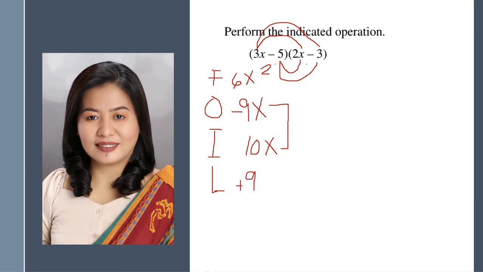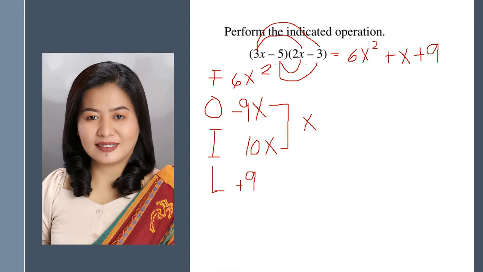So we just combine negative 9 and 10, and that gives us positive 1, or simply x. So it will now give us the product of 6x squared plus x plus 9. And we have solved our second operation, which is multiplication.